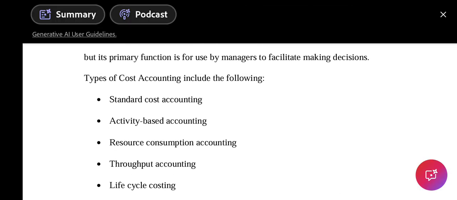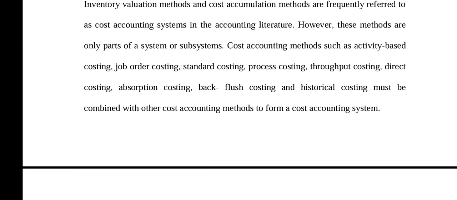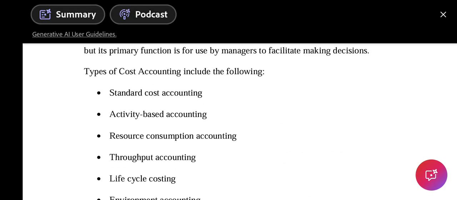These are the types of cost accounting we have. Doing a little research on this as well is going to go a long way when we check all of these things and know what they mean.